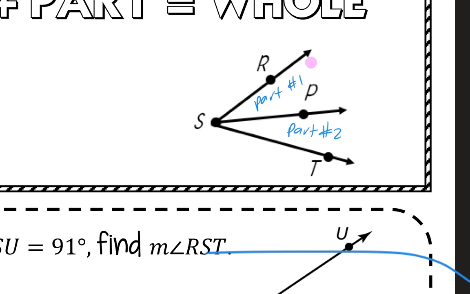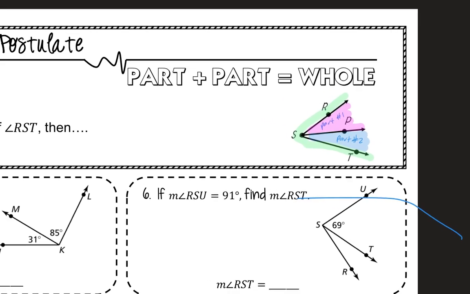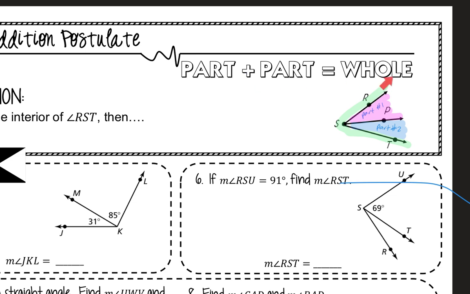Let's say the first part is this right here, that angle. The second part is right over here, and that's going to equal the whole thing. That's what we're going to remember from our practice from before: part plus part equals whole.